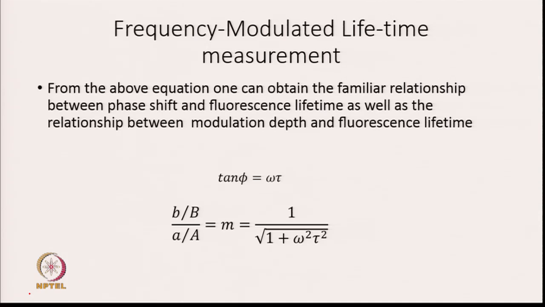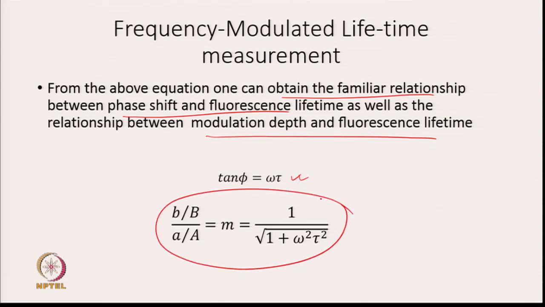And from the above equation, one can obtain the familiar relationship between phase shift and fluorescence lifetime, as well as the relationship between modulation depth and fluorescence lifetime. So, tan phi is equal to omega tau, and this we can get from this equation.